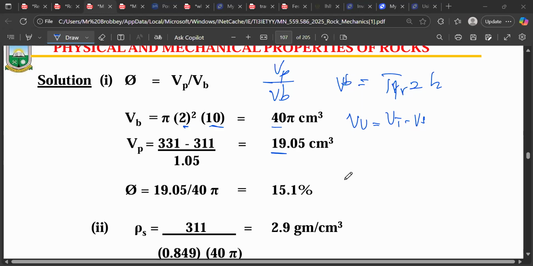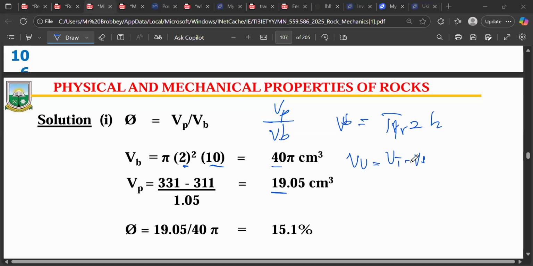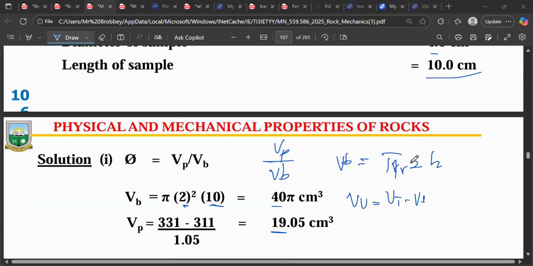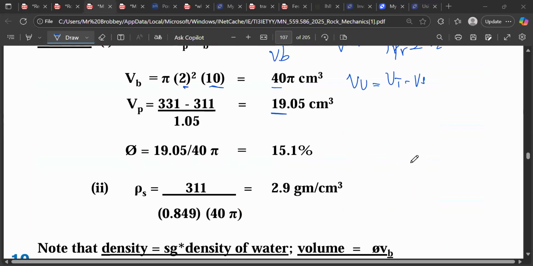Right. So I want you to know that we can deduce a density formula from specific gravity. I think that is what they did here, and then they were manipulating the formulas in order to have this here.